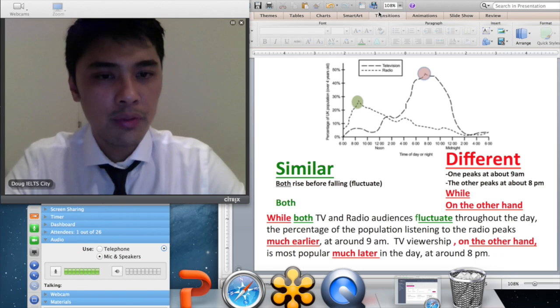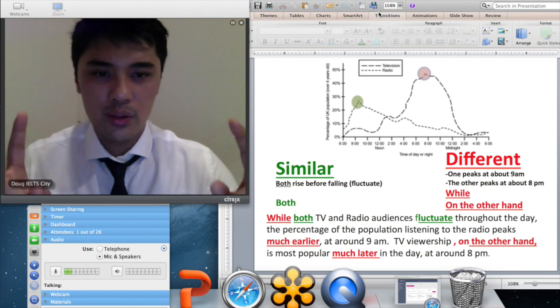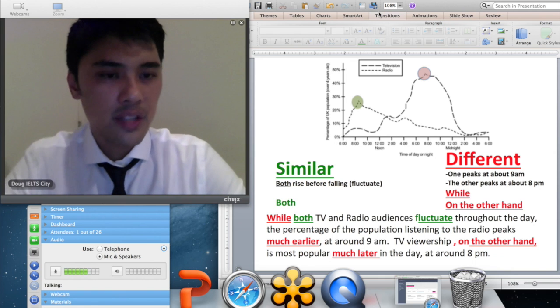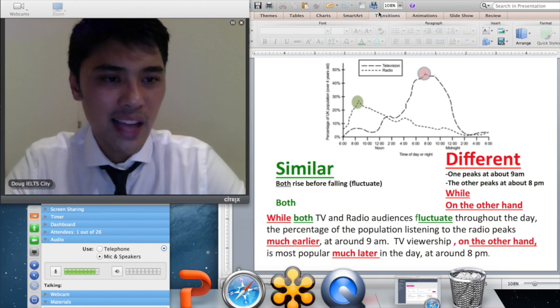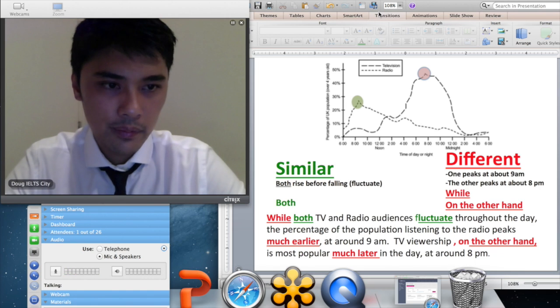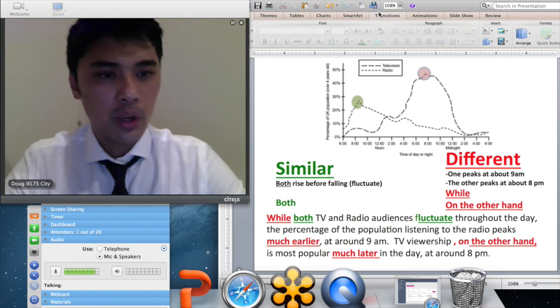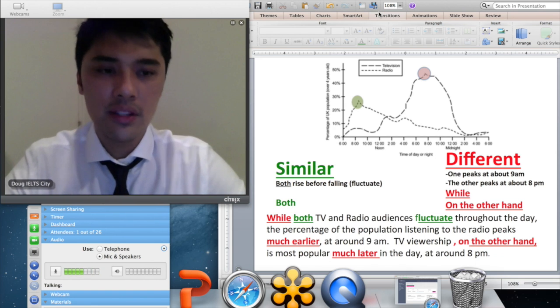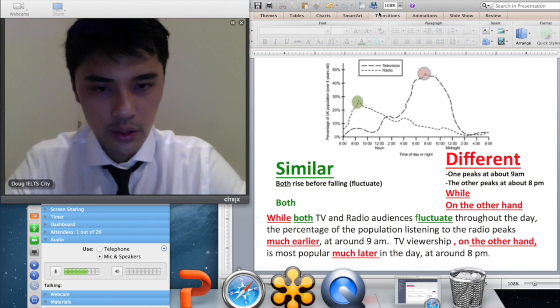Both rise before falling, or we can use the word fluctuate. There is a difference, or there are differences, however. One peaks at about 9 a.m., the other peaks at about 8 p.m. So we can use the word while or this phrase on the other hand to talk about these differences. So let's take a look.